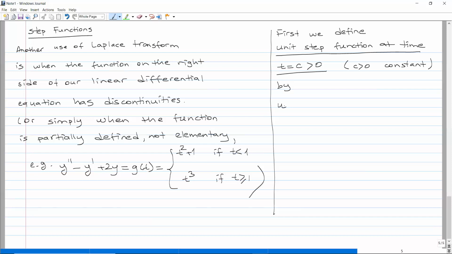So we denote this function by small u. To indicate the value of c, we use c as a subscript, uc of t. And this is defined to be 0 if t is less than c, and 1 if t greater than or equal to c.